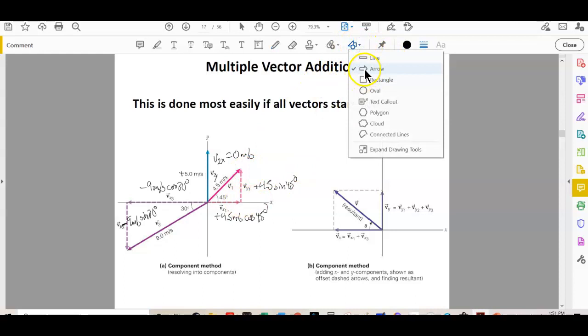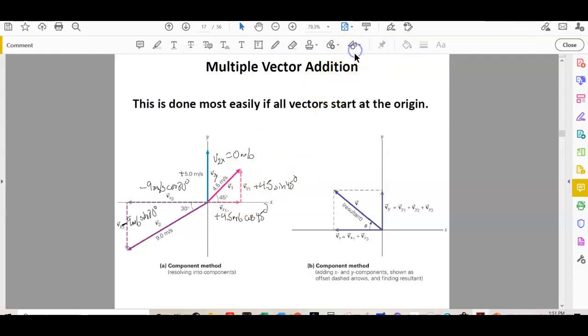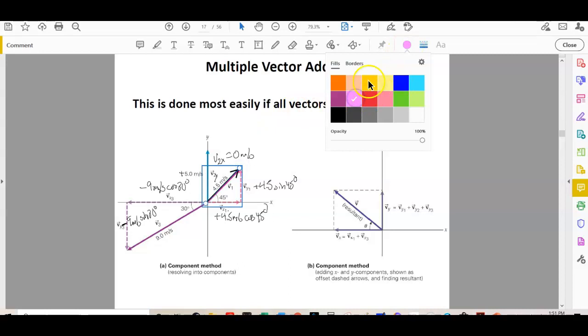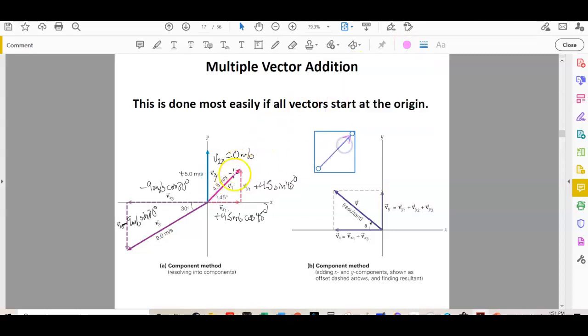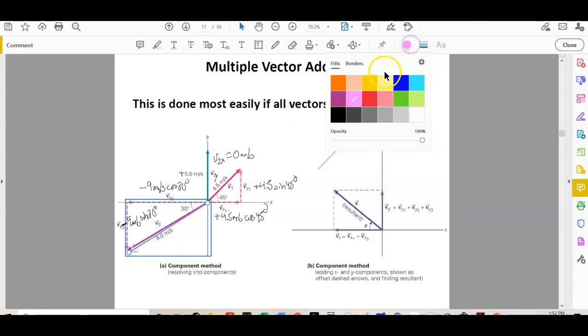So if you add up and to the right, actually, I'm going to try to use color to emphasize this. So I'm going to use up and to the right, and this is pink, correct? So I just did the 4.5 meters per second up and to the right. Now I'm going to do this purpley vector, draw another vector down and to the right, and that is kind of purpley.